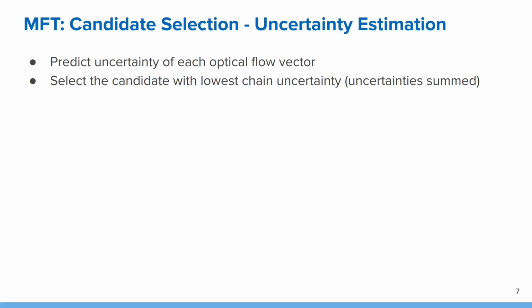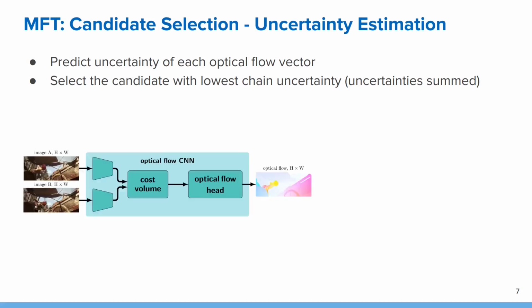Now, we will describe how to select the most reliable candidate. We estimate uncertainty of each optical flow vector and select the candidate chain with the lowest overall uncertainty. To compute the overall uncertainty, we sum the uncertainties of all the flow vectors in the chain. Nowadays, typical optical flow methods extract features from both input images and construct a correlation cost volume, which is then used as an input to an optical flow regression head.